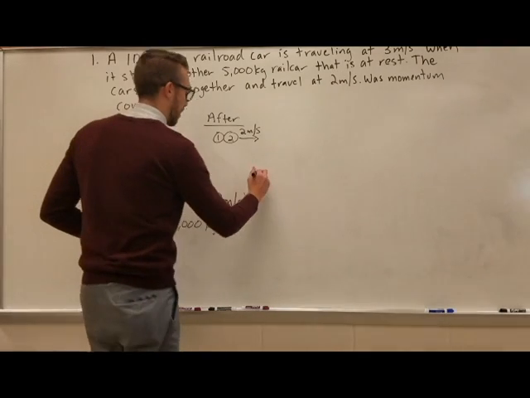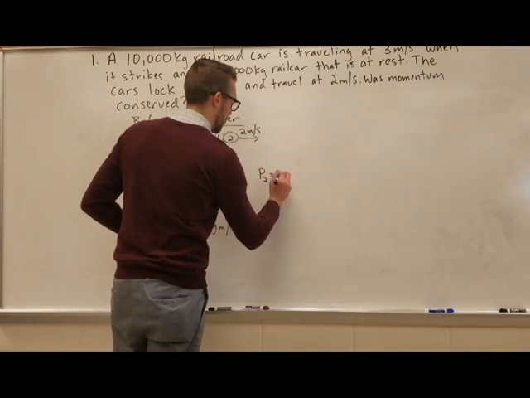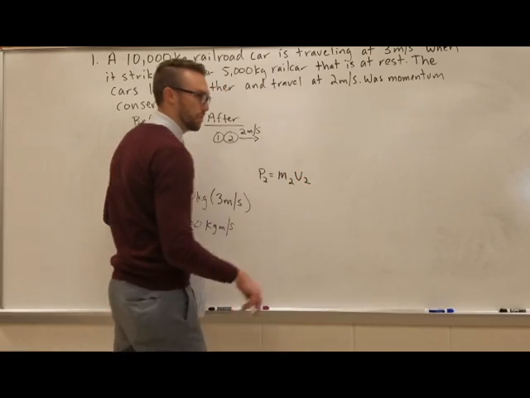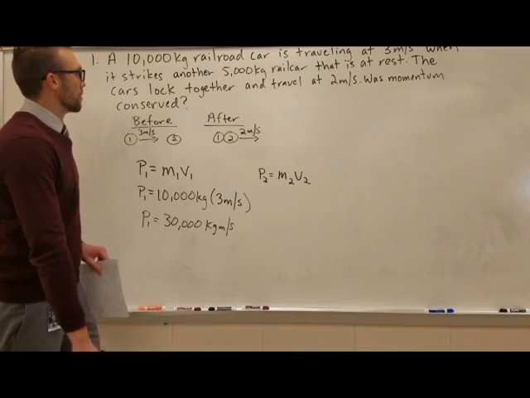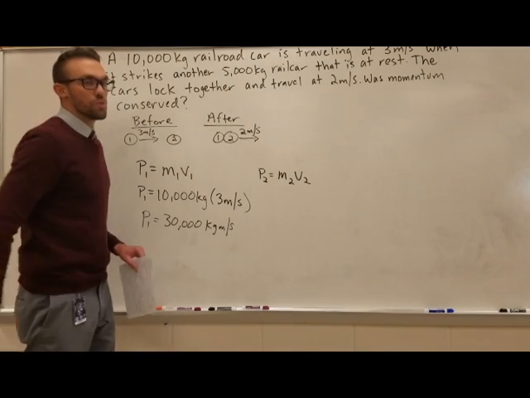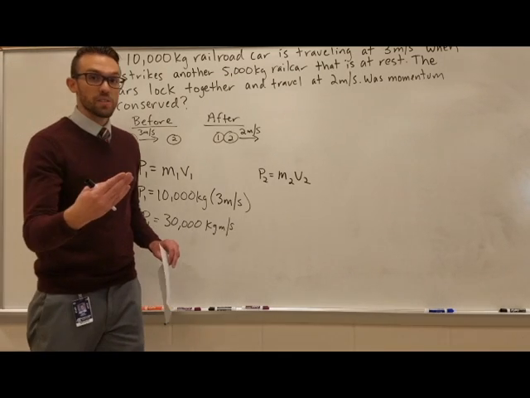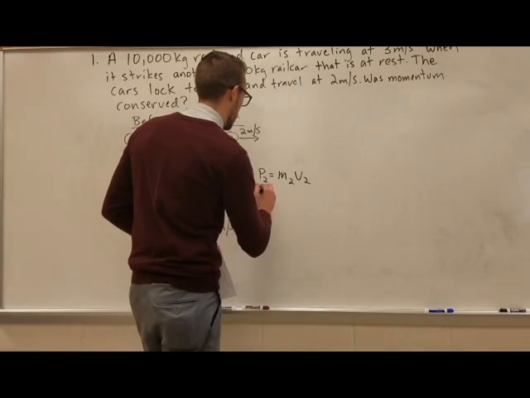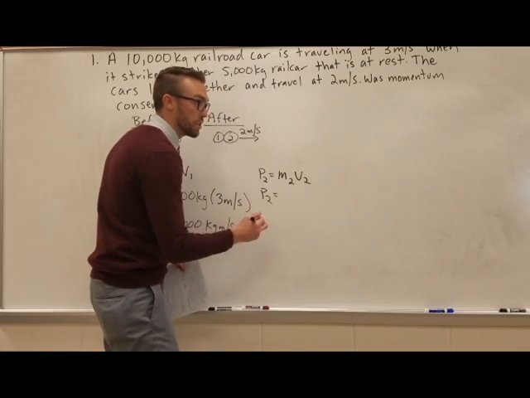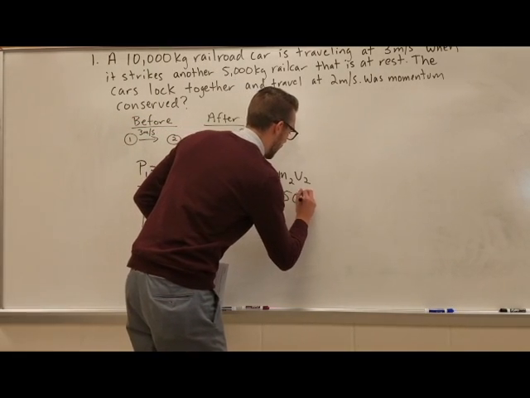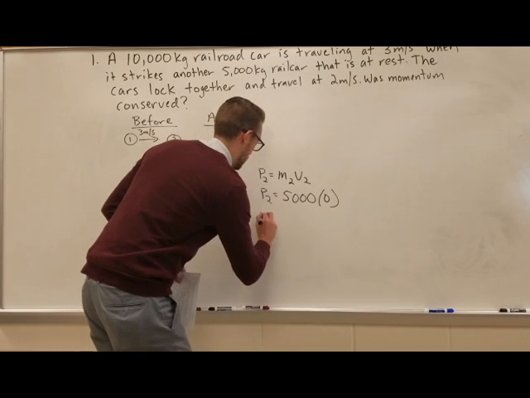So now we've got to look at rail car 2. So that's mass 2 times velocity 2. We can see that our mass of rail car 2 is 5,000 kilograms, and we know that it's at rest, so that means that it has 0 velocity. Something that has 0 velocity has to have 0 momentum. So we can just show this, 5,000 times 0.